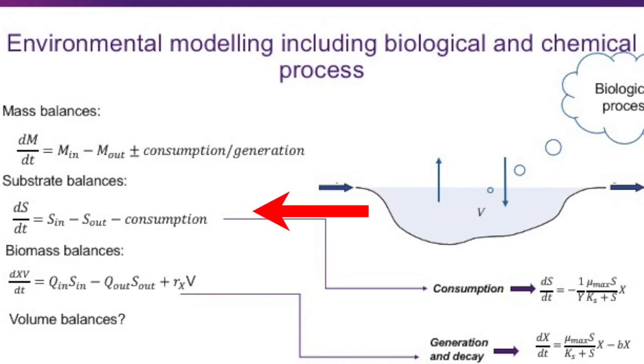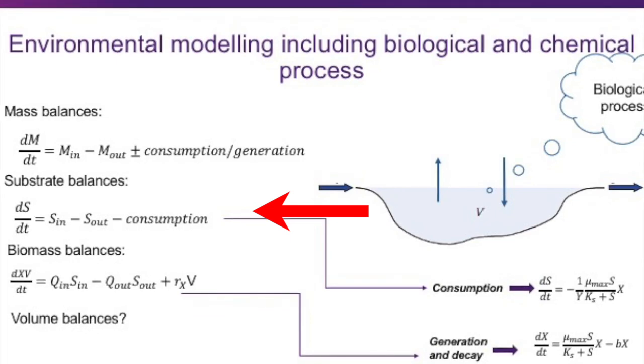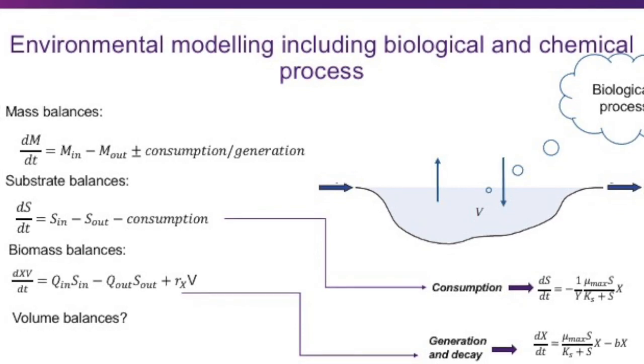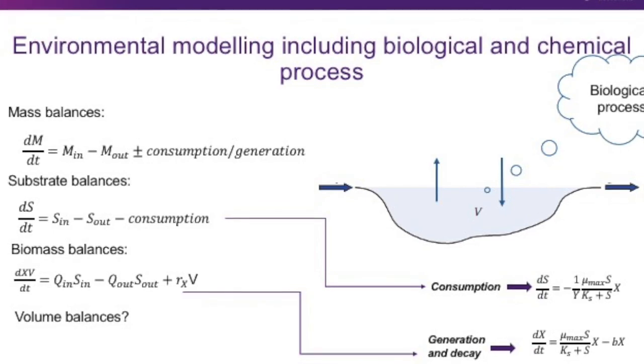If we're talking about substrate balances, it will contain the substrate that is entering, the substrate that is leaving the system, and minus the substrate that is being consumed, if we're talking about the interaction with one type of microorganism that consumes this substrate.